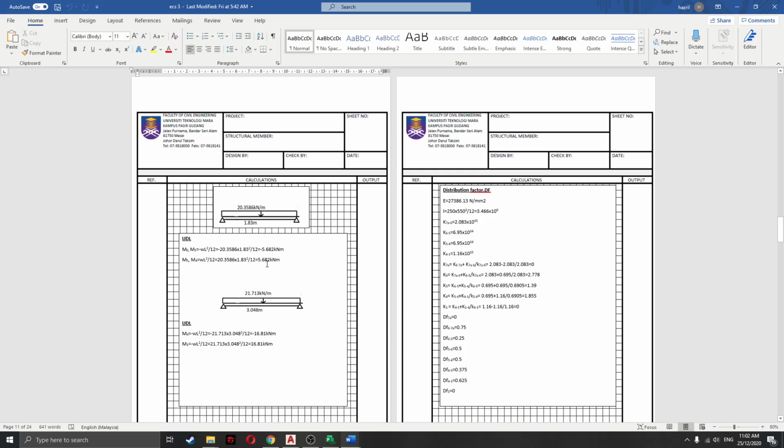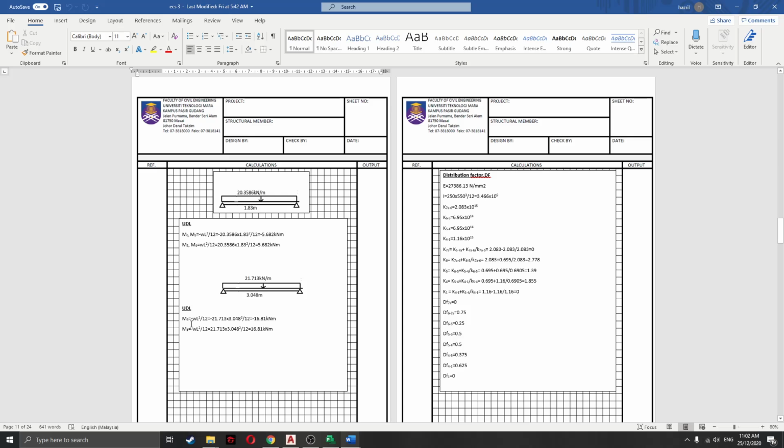This one is negative, this one positive. From 4 to 1 I get negative 16.81, and M1 I get 16.81.